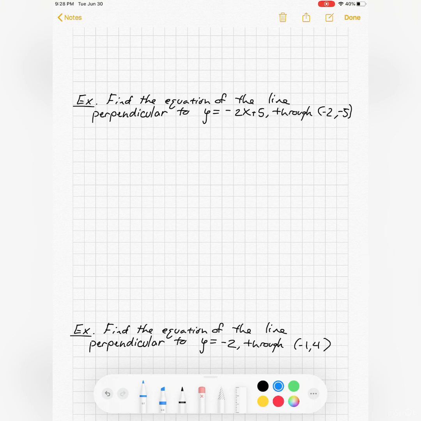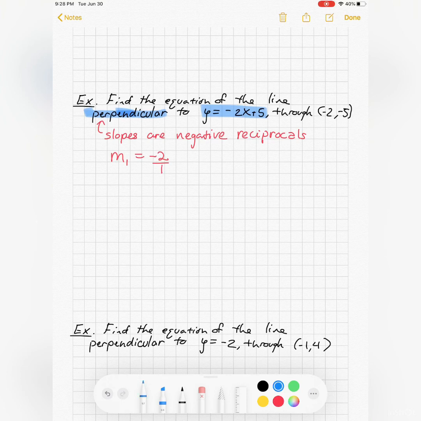Find the equation of the line perpendicular to this guy. Okay, so there's an important difference. Perpendicular means the lines meet at a 90-degree angle, and it means the slopes are negative reciprocals. So for the given line, we'll call that slope 1, it's -2.